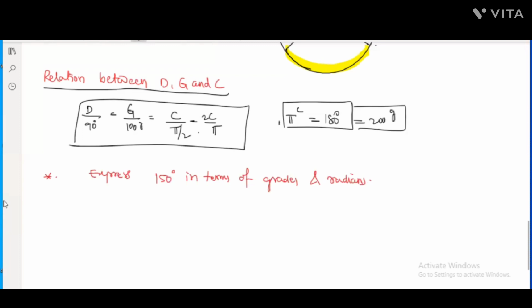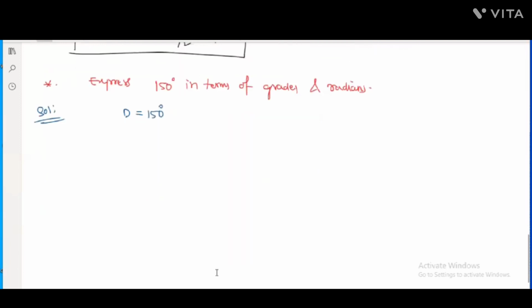Let's see the solution. They have given the D value, 150 degrees, and we need to find the G value, in grades, and the C value.